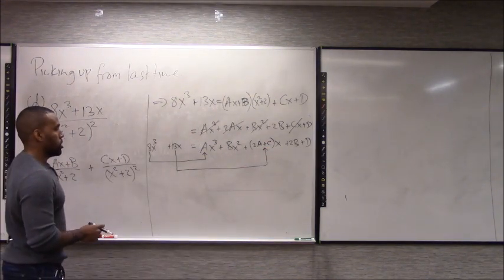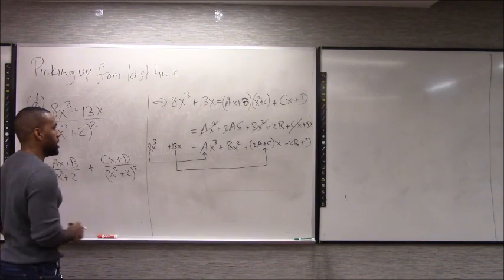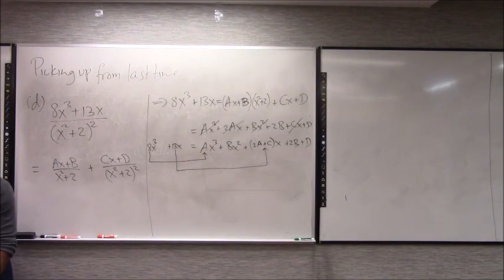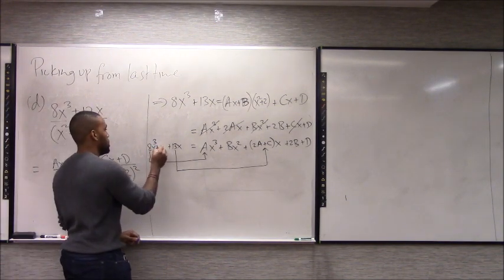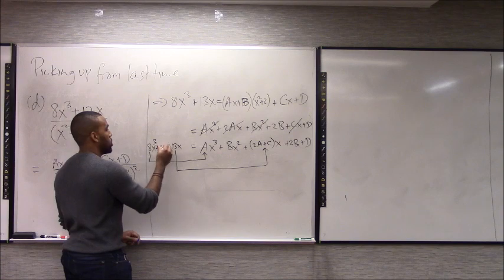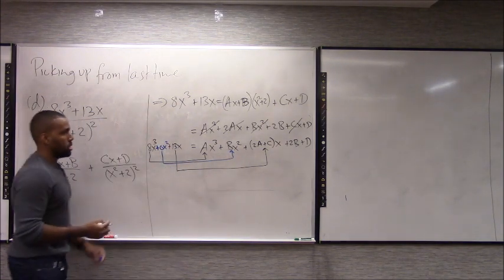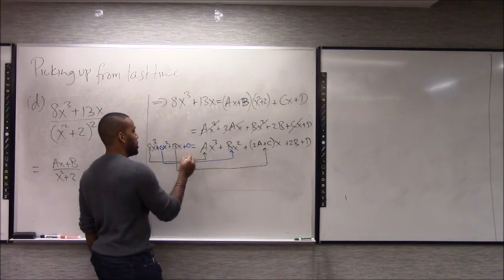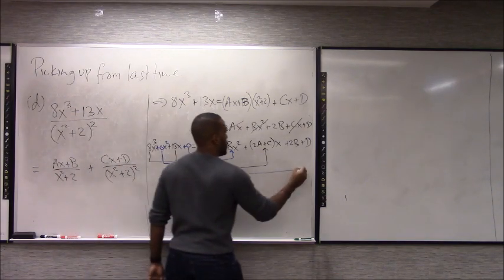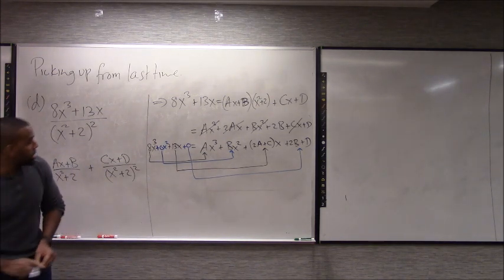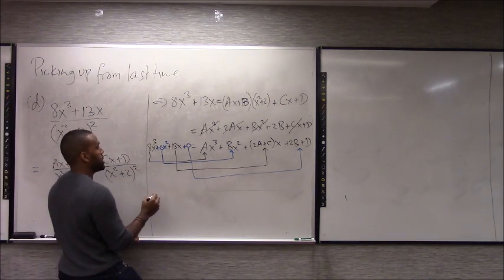You should also notice that we don't really have an x squared or a constant term visible on the left side, but how we deal with that is we simply just pretend they have coefficient 0. So there's a 0x squared over here, which I would match up with the b, and then the constant term is also 0, which I would match up with that. And ultimately, collecting all of these, I get the following system of equations.